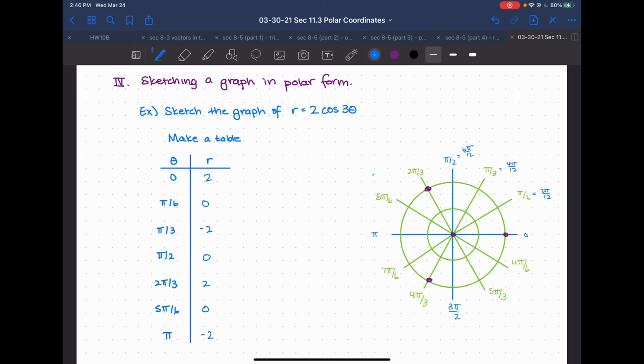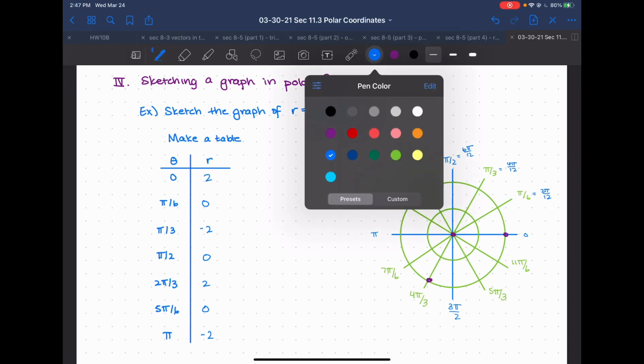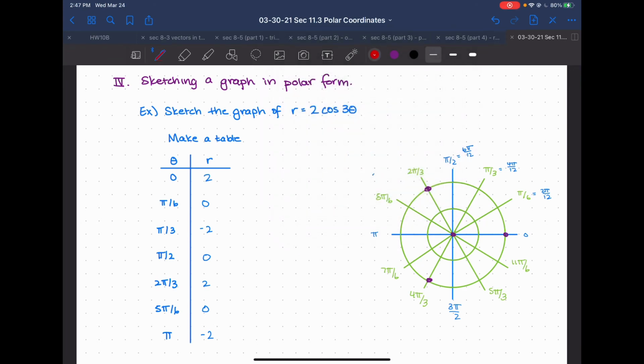I'm going to pick values in between, and so it looks like we could do pi over 12, 3 pi over 12, 5 pi over 12, 7 pi over 12, and so on. See what happens there. So I'm going to find these values. Let's do this in a different color. Let's use red. So pi over 12.